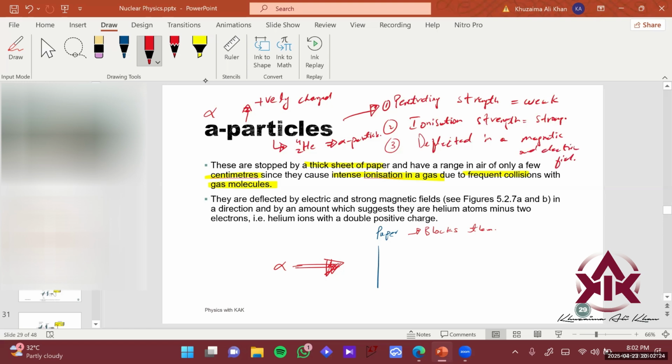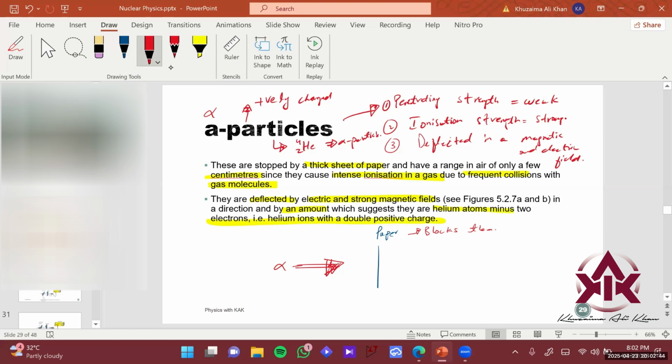Okay, so these are the three properties of alpha particles. They are deflected by electric and strong magnetic fields by a huge amount. That suggests they are helium atoms minus two electrons, ions with a double positive charge, right?